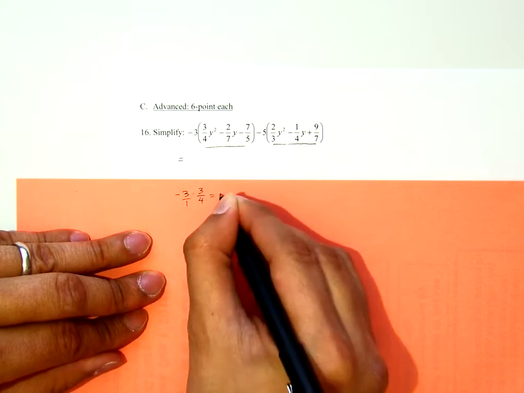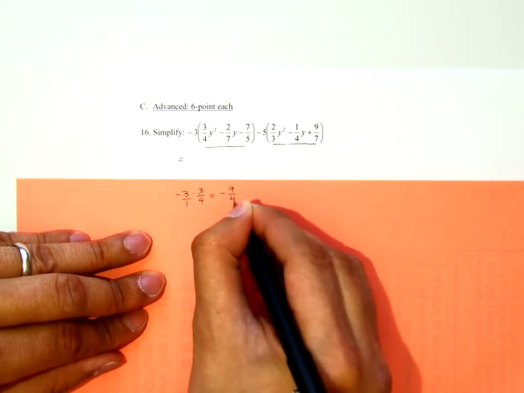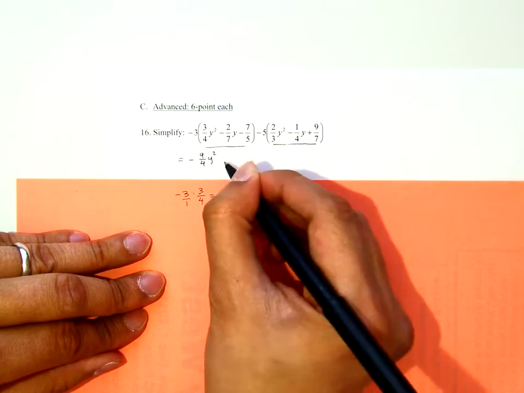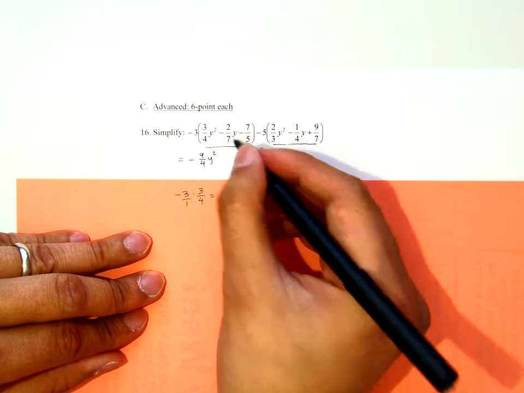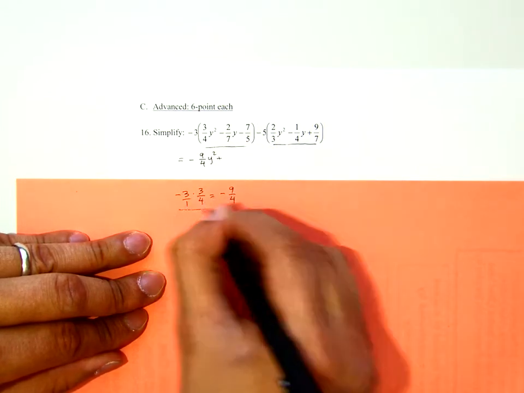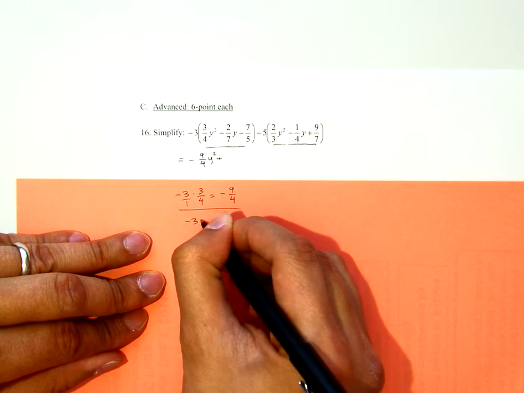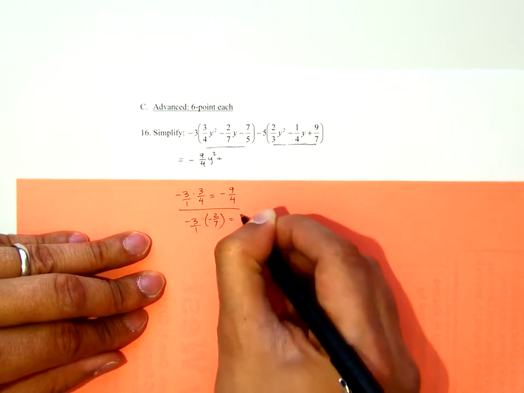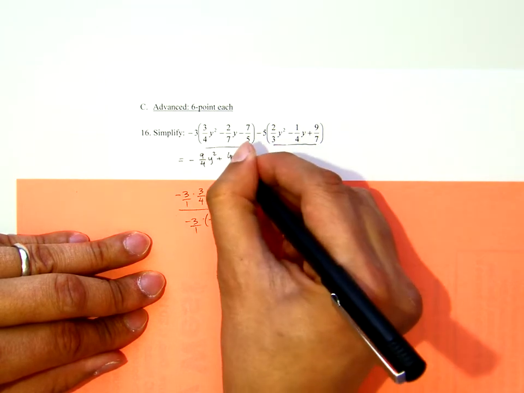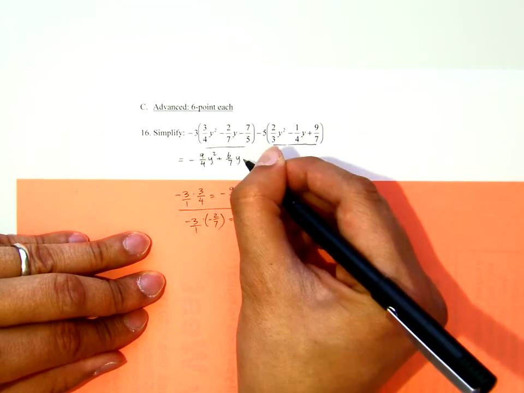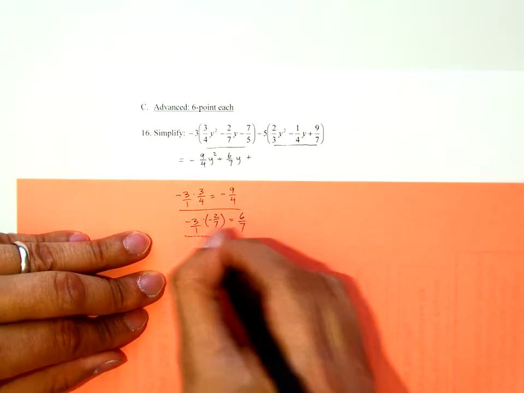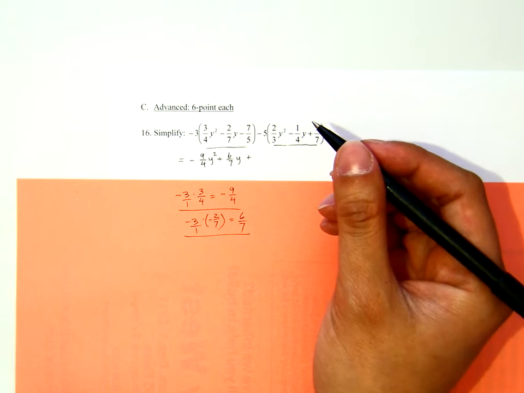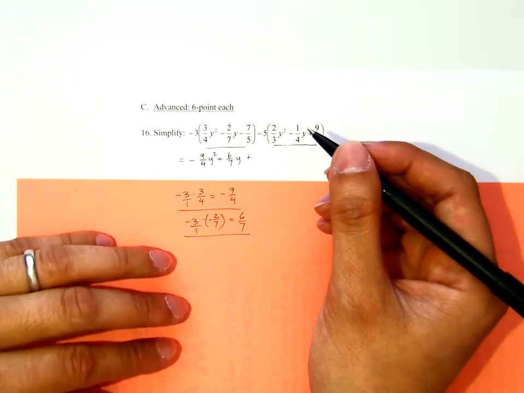I don't think I can do cross cancelling, so there will be -9 over 4 y squared, and then -3 times -2/7y, that's plus -3 times -2 over 7, that's positive 6 over 7, so 6 over 7y, and then plus, just multiply them. Use your scratch paper. But I think you can also try to do it mentally.